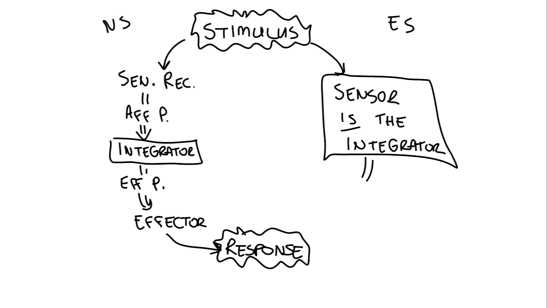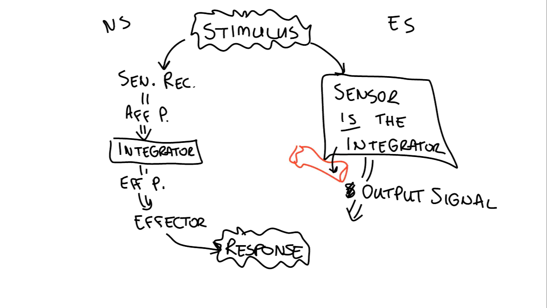So our output signal, which would be the hormone, is dumped into the blood. So here's a little blood vessel and goes to, we could say, an effector, or in endocrine, we call it the target. And then that causes some sort of response.